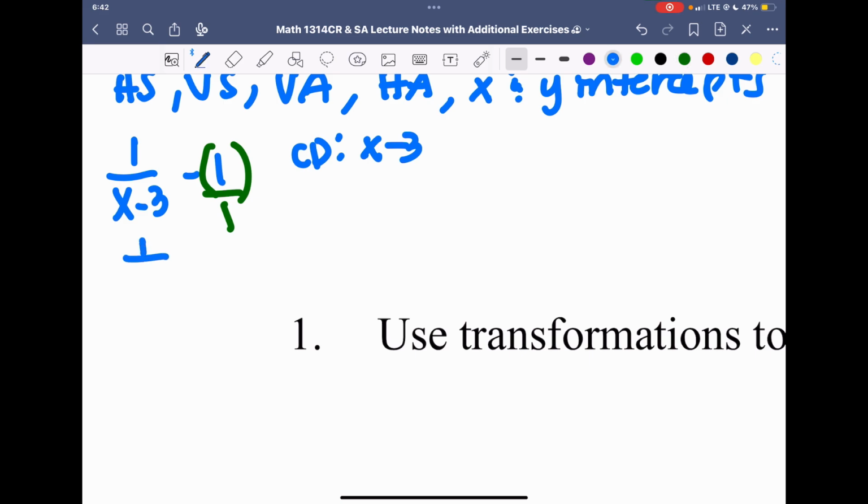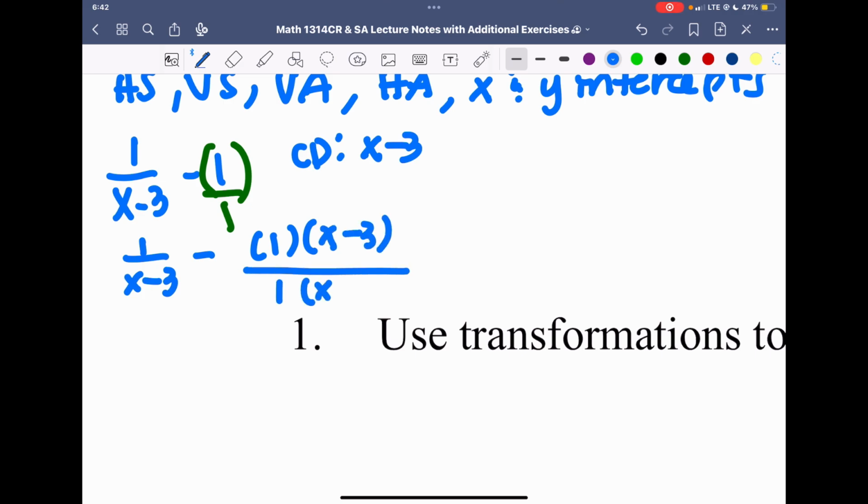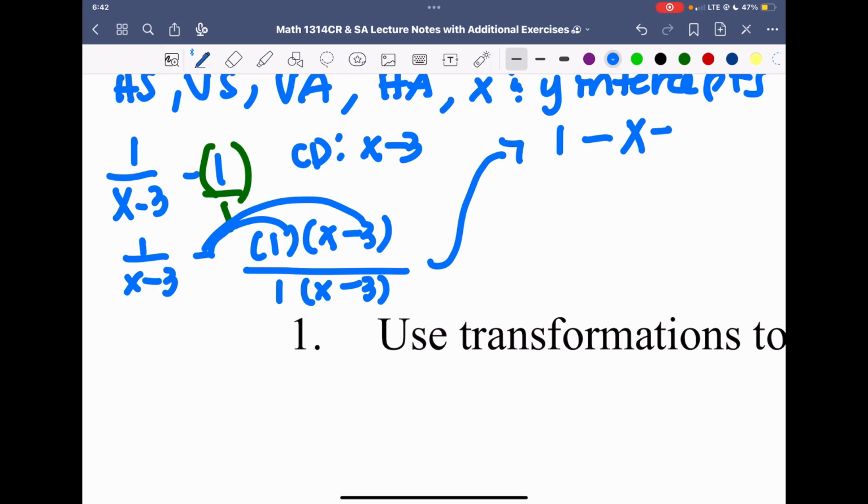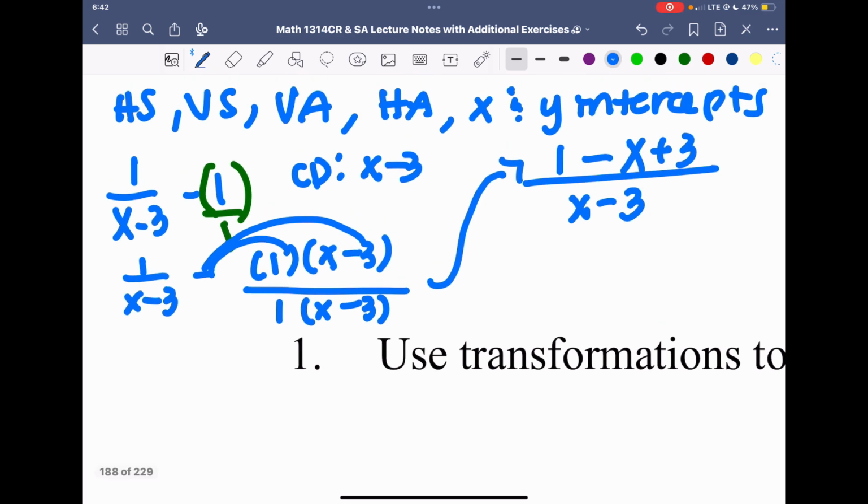So then we get 1 over x minus 3 minus 1 times x minus 3 divided by 1 times x minus 3. And then we're going to get 1 minus, we're going to distribute that negative, x plus 3, over x minus 3. So now together it's going to be negative x plus 4 over x minus 3 equals y.